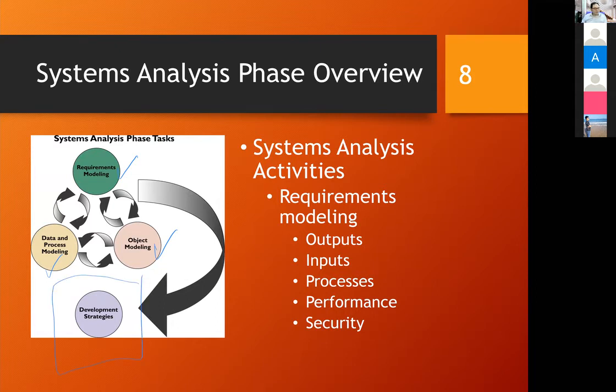For the requirement modeling, what are we going to know, or what are we going to have in order to complete this requirement modeling? We need to know the output of the system, the input of the system, the processes that we need to have in the system, and also the performance of the system, because you have to compare it.